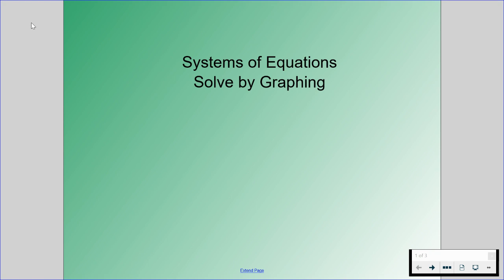We have slope-intercept form, standard form, and we can graph linear functions on a graph. Well, a system of equations is just two of those happening at the same time. And all we're going to try to see is, do we have a shared coordinate point on that graph after we graph our two linear equations?